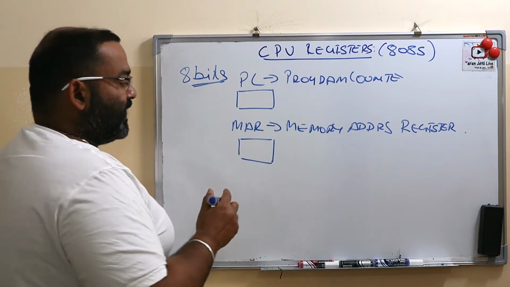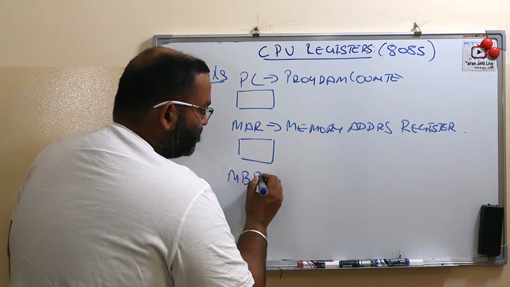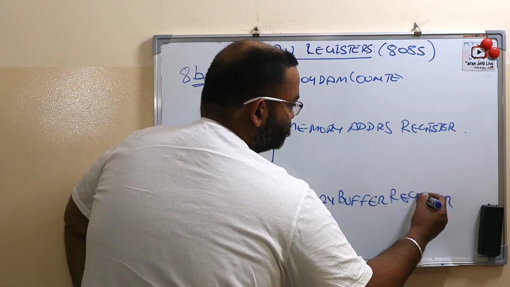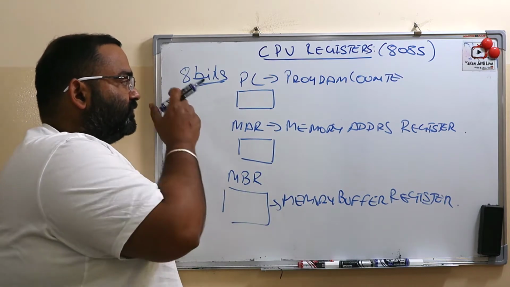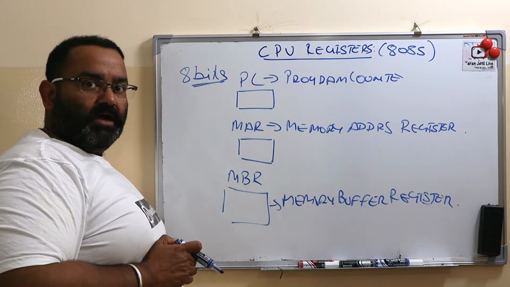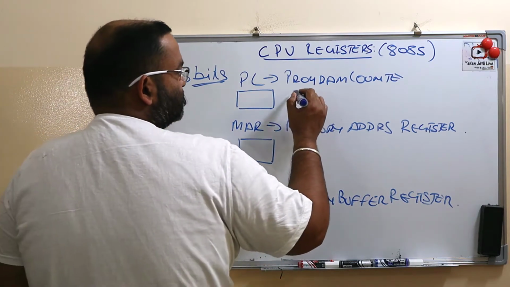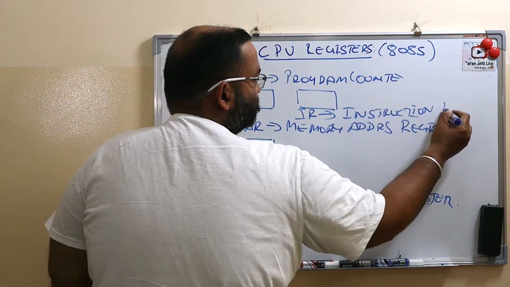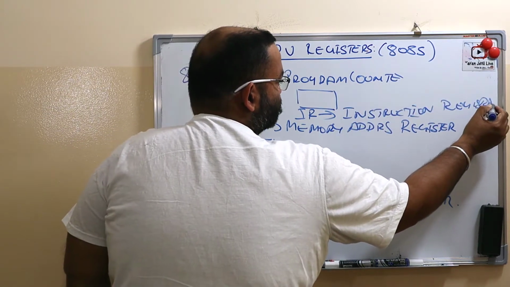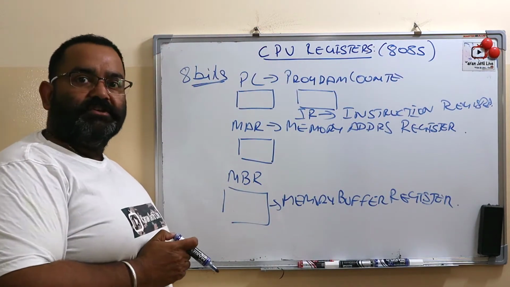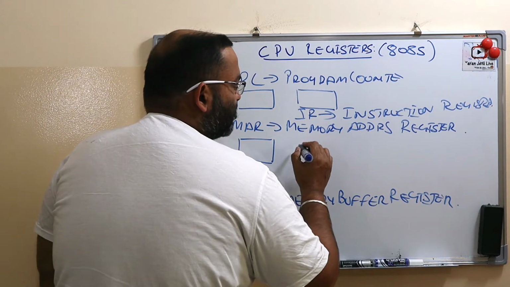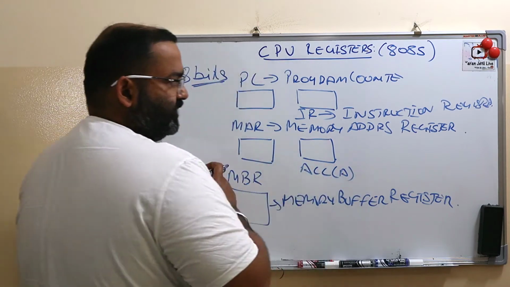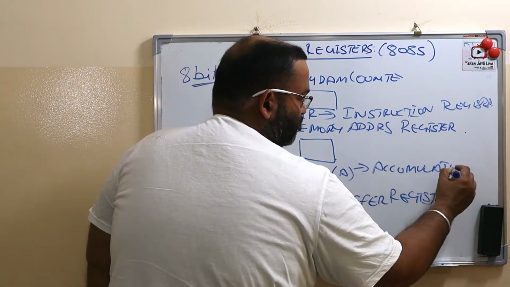It has MBR, the memory buffer register. So it has a program counter, MAR, and MBR. After this it has IR, the instruction register, and it has the accumulator, which is also called register A.